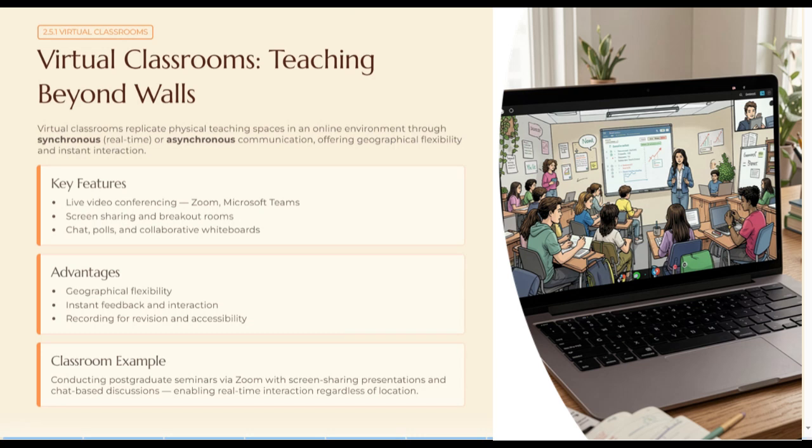What are the advantages of this? We have geographic flexibility. That is, distance is not a barrier. At any time, we can connect together and have our classes, no matter where you find yourself. We have instant feedback and interaction. That's when we're having synchronous learning, and we also have recording for revision and accessibility.